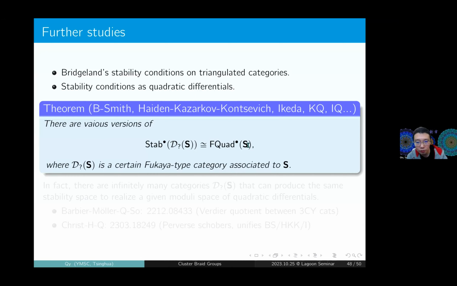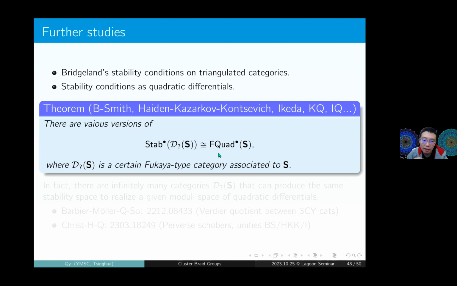Although they actually prove this theorem quotient by the braid group. And in the same year, in 2014 I think, Haiden, Katzarkov, and Kontsevich proved a similar result, but they deal with the topological Fukaya category from a surface, and they prove the space of stability conditions is also identified with framed quadratic differentials.